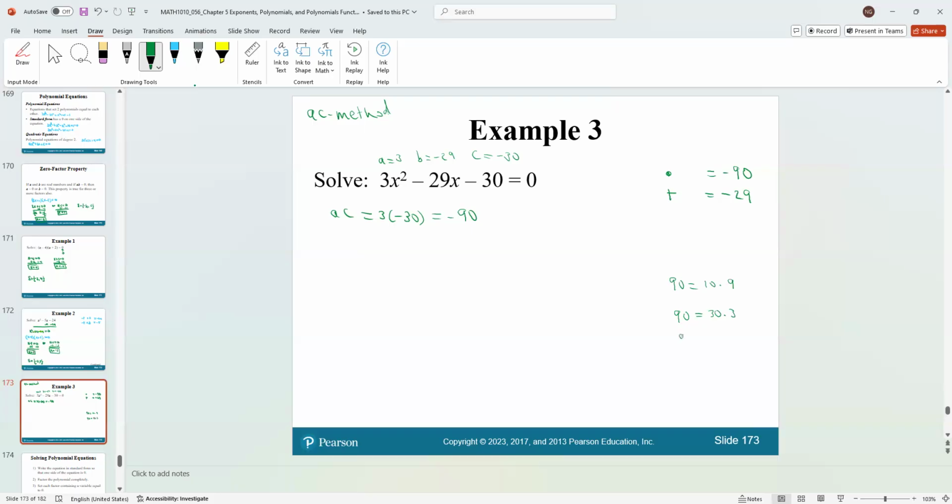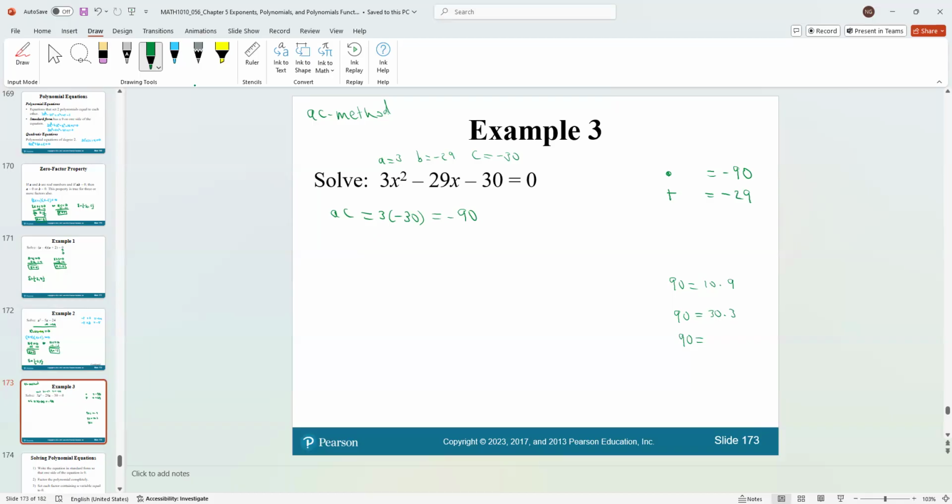If you do 2 times 45, okay? So we can go with this one very quick, because that's the one gonna help us to do factoring by grouping.